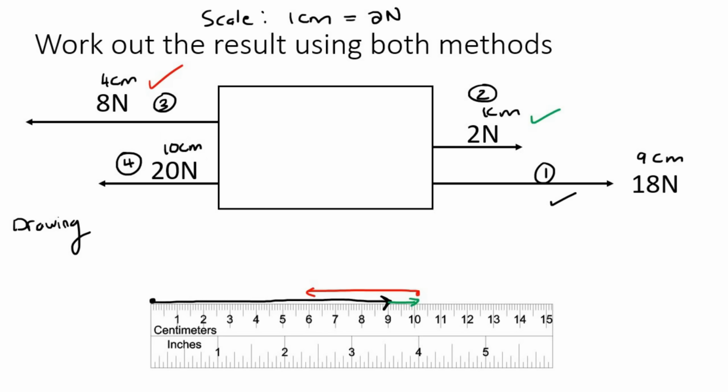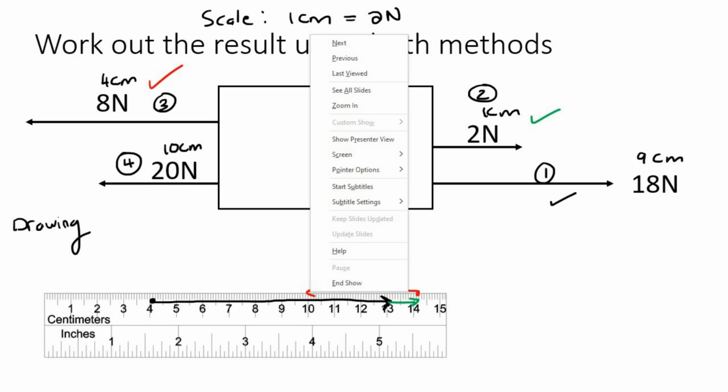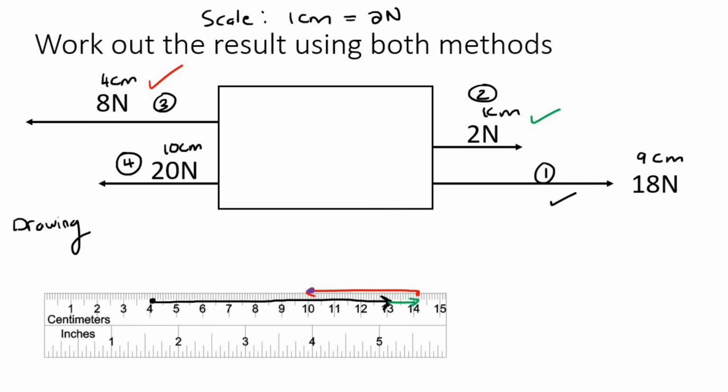So I'm just going to move my ruler over there, because then I can go 10 centimeters. Obviously you can position your ruler however you need to, as long as you can get a 10 centimeter line like that.